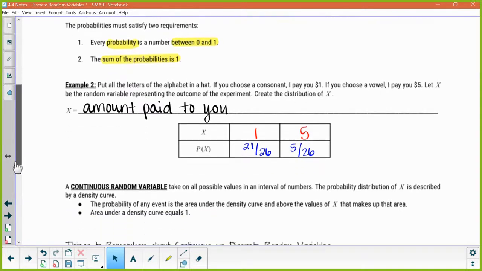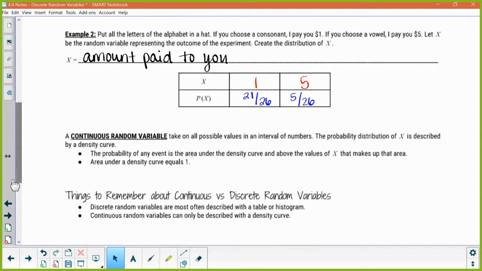And I briefly just wanted to touch on continuous variables. Continuous variables take on all possible values in an interval, and it's described by a density curve. What you are most familiar with is the normal curve, and we've done this many times now. We've found z-scores, we've gotten p-values, any possible way that they would ask you about this on the AP exam, you have done.